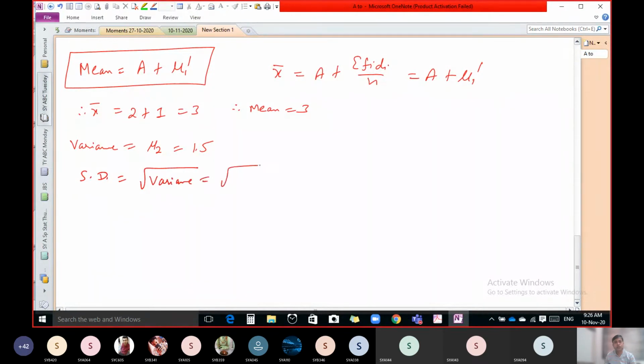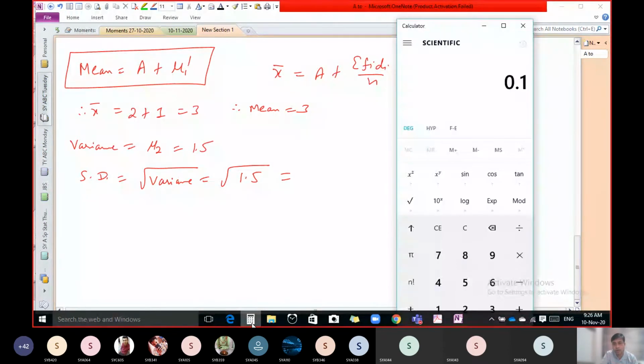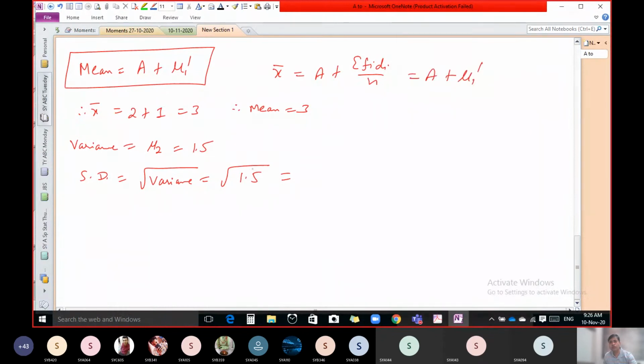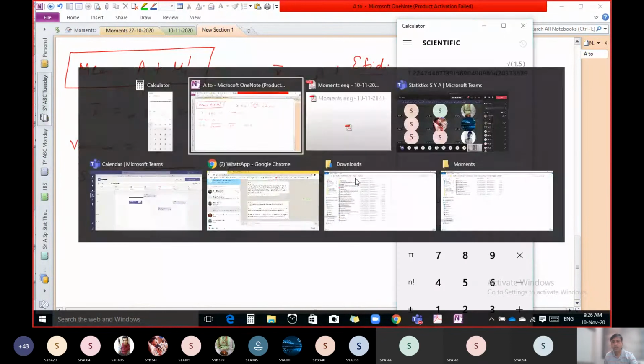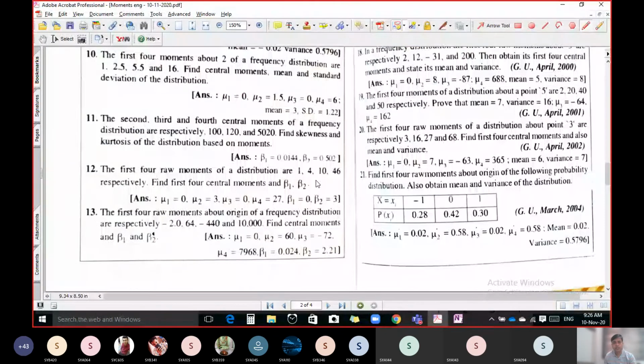Variance is mu2, so the square root of 1.5 is 1.2247. That is our final answer. So 1.22 is the standard deviation. Mean is 3, standard deviation is 1.22.